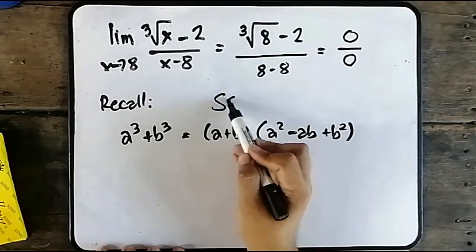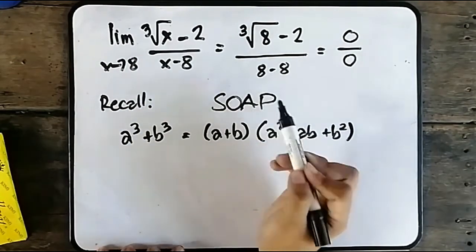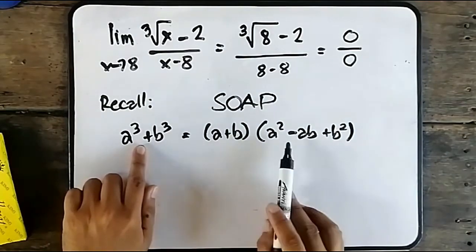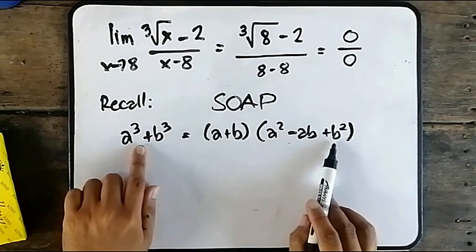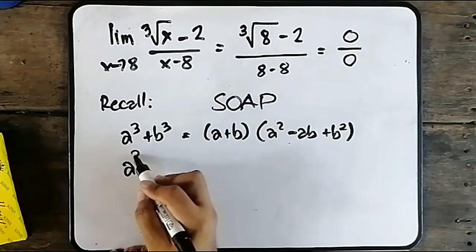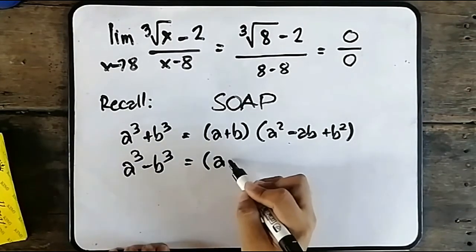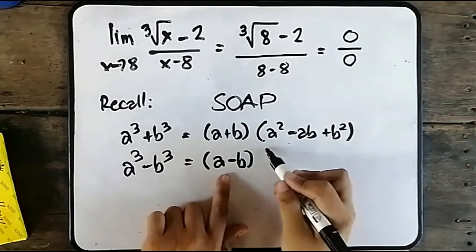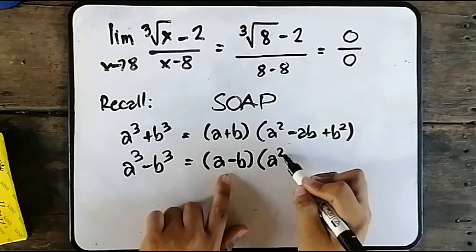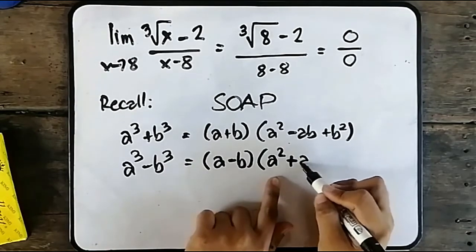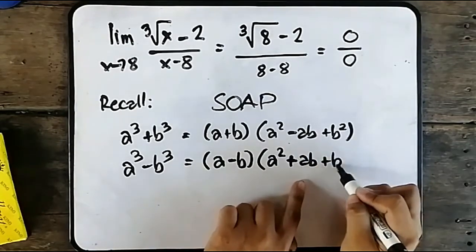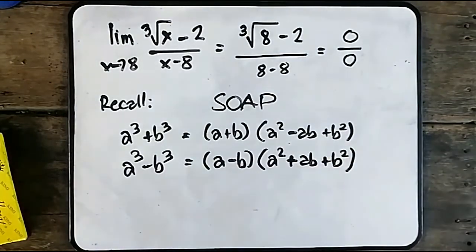Remember your SOAP? Same sign, opposite sign, always positive. So if we have a cube minus b cube, then we have a minus b, same sign. Then we have a squared, opposite sign, ab plus b squared, always positive.